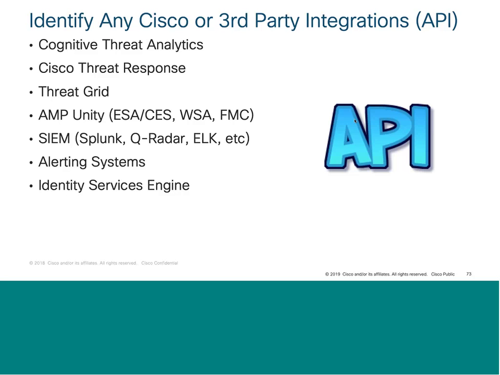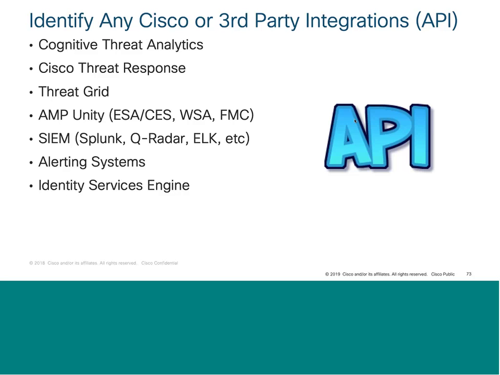The AMP for Endpoint API has a stream setup whereby you can configure up to 5 streams to export events, any event that AMP supports, into whatever SIEM you have. Splunk and QRadar, we have pre-built packages for. Logstash, I believe it is, has their own pre-built packages that they designed to integrate with AMP for Endpoints.